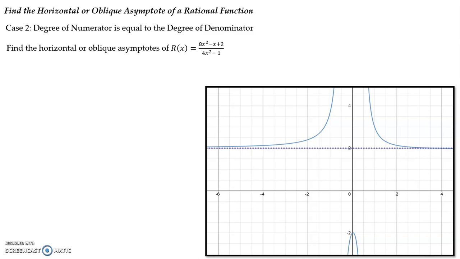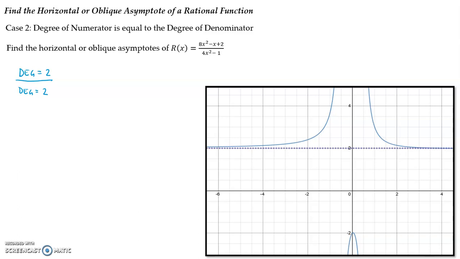This time we've got r of x equals 8x squared minus x plus 2 on top, and 4x squared minus 1 on the bottom. So the first thing we want to do is go ahead and identify the degree of the top. The highest exponent up there is a 2. And the degree of our denominator is also a 2.